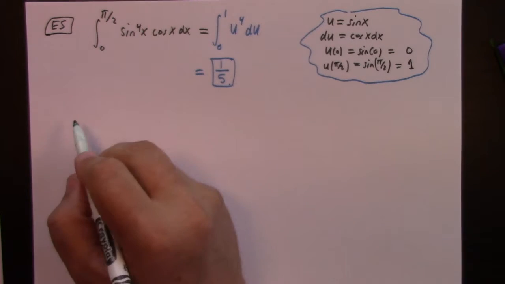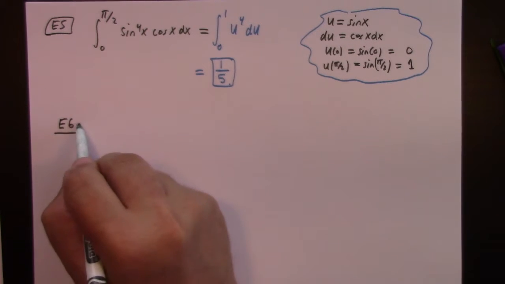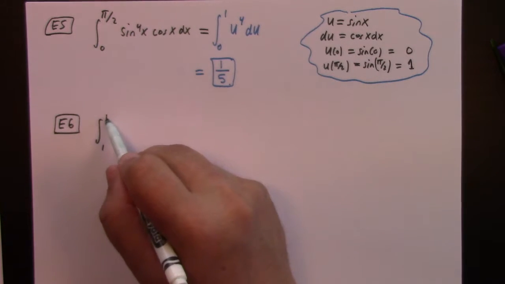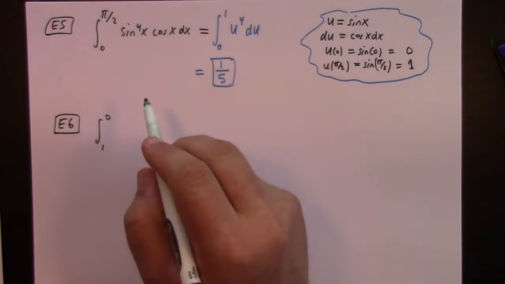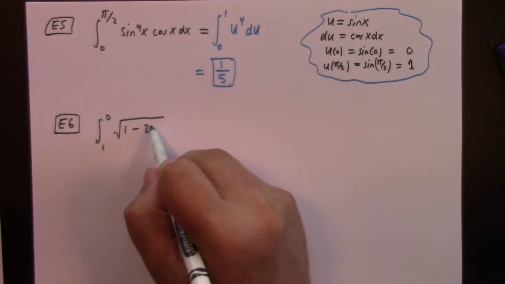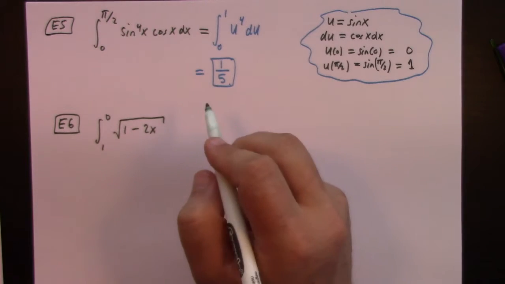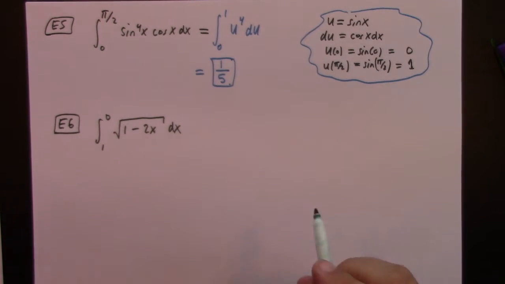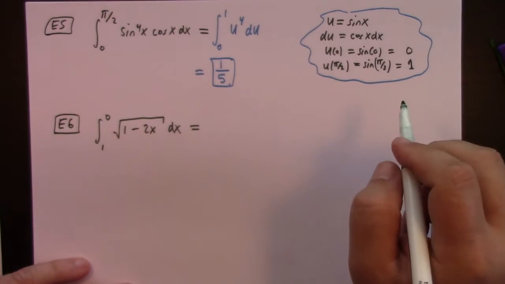Example 6. We have the integral from 1 to 0, awkward, of the square root of 1 minus 2x dx. All right, so how do you do this? Well, u substitution again.